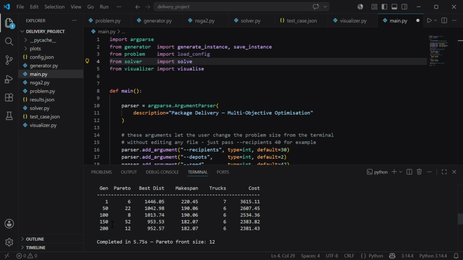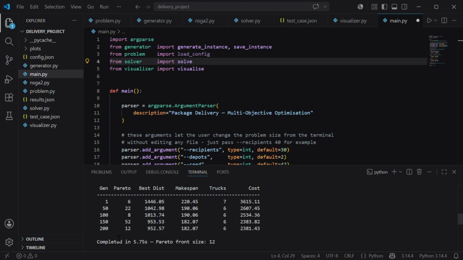And from generation 100 down to 1013, generation 150 to 952. You can see it's still getting better, but more slowly now because it is getting close to the best solution it can find.